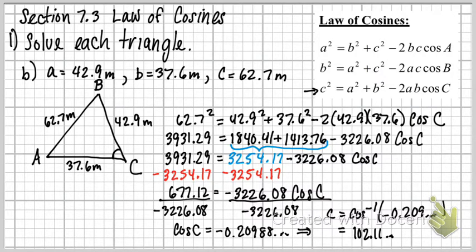And if we round that, we can say it's 102.1 degrees. So then all I do is write that where angle C is. So there it is. Now we have to find the rest of the angles.